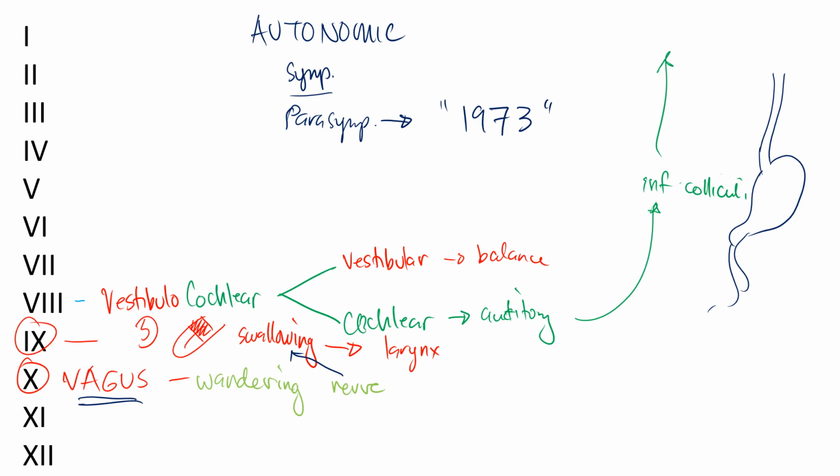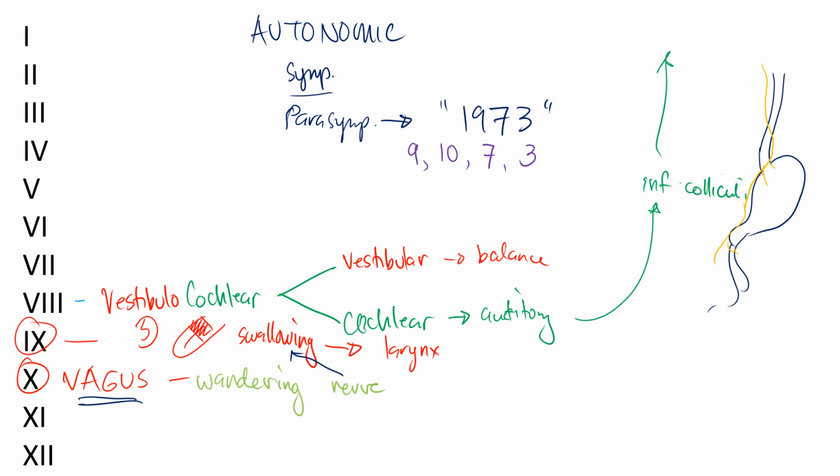Because the nerves included in your parasympathetic cranial nerve family are cranial nerve 9, cranial nerve 10, cranial nerve 7, and cranial nerve 3. 9, 10, 7, 3. 1973. So remember that. Okay. We'll talk about your vagus later on, but just safe to say, it goes to a lot of places. Esophagus, stomach, a lot.